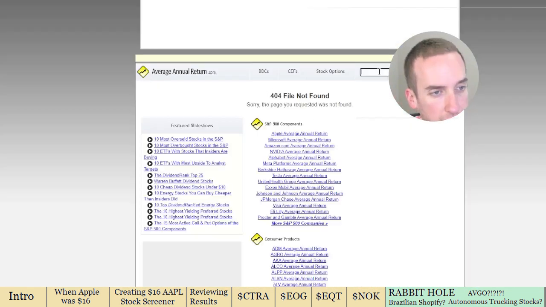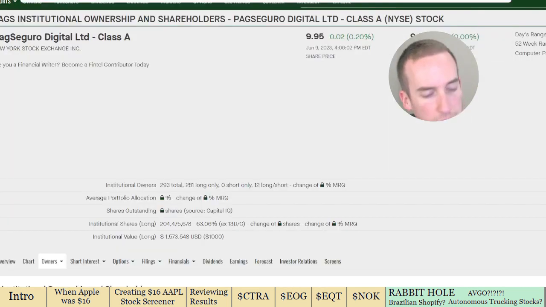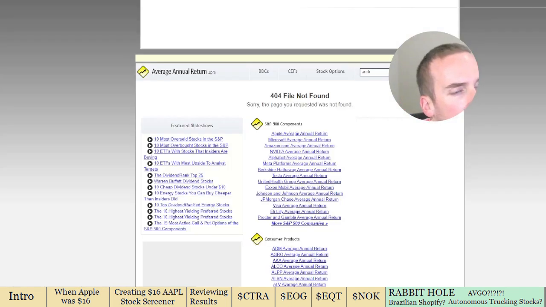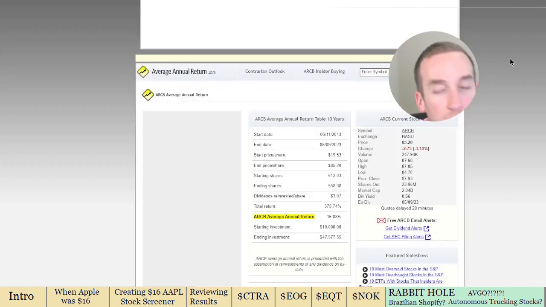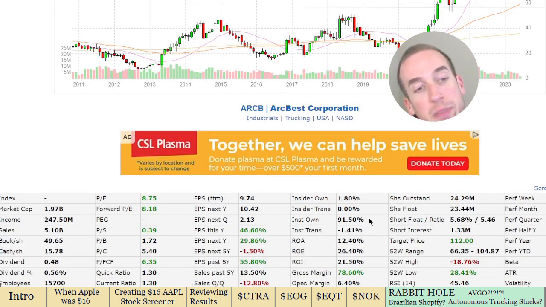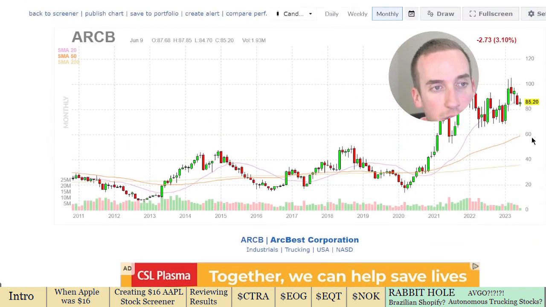ARCB, let's look here. 10 years, 16.8%, that's good. And it looks like there is 91% ownership. This is like a $300 stock trading at 85. I'm guessing insiders are buying.